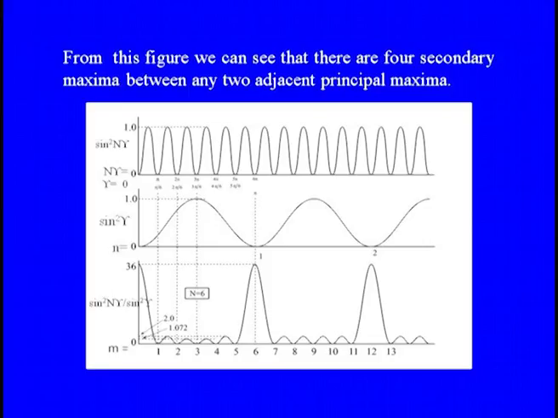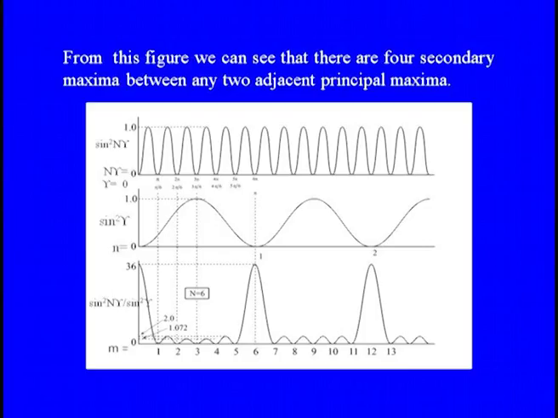Here it should be noted that the intensities of the principal maxima are modulated by the single slit diffraction, that is, the plot of sin square N gamma upon sin square gamma is multiplied by I naught sin square beta by beta square, the single slit diffraction pattern.